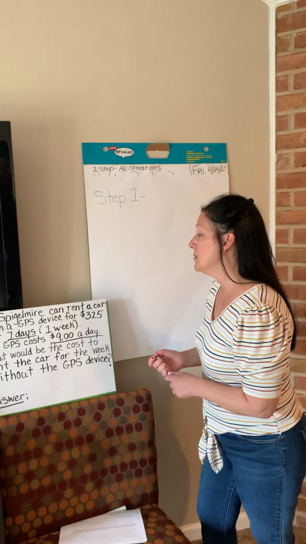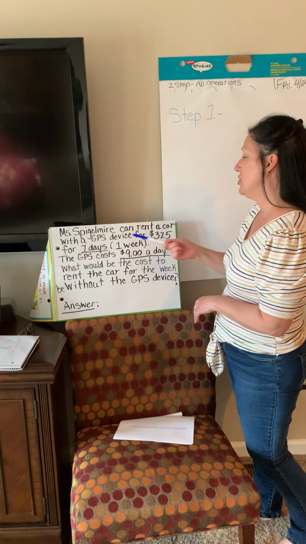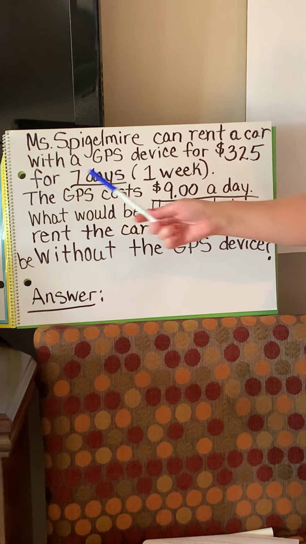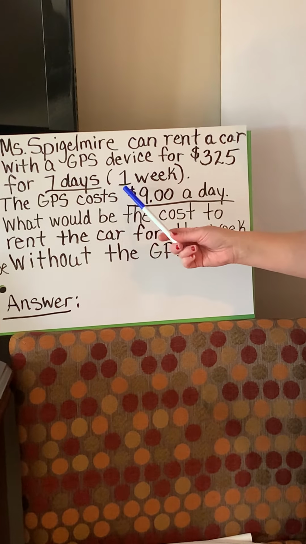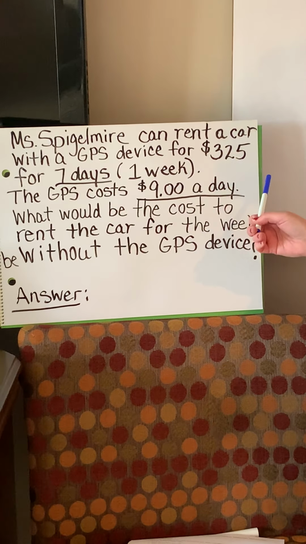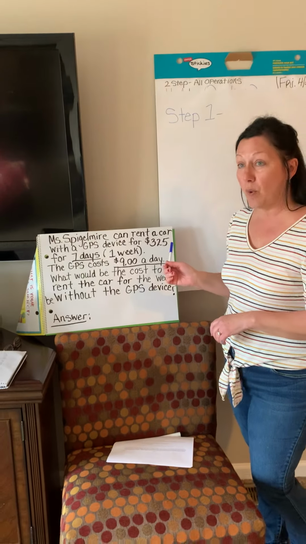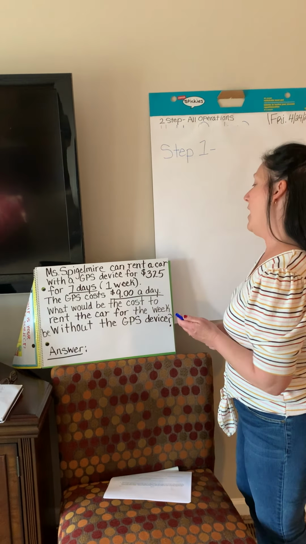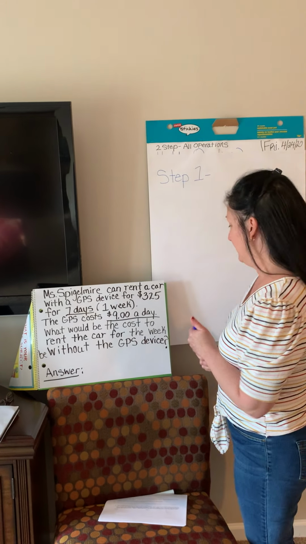All right, now we're ready for our problem today. Miss Spiegelmeier can rent a car with a GPS device for $325 for 7 days. And we know that 7 days is the same as 1 week. I would like to know where Miss Spiegelmeier is going for 7 days that she gets to rent a fancy car. Hopefully we'll find out.